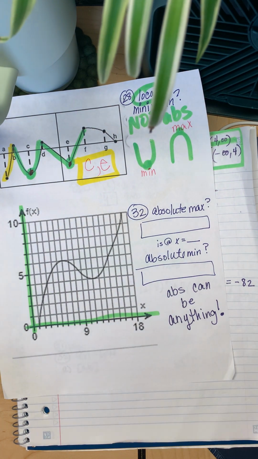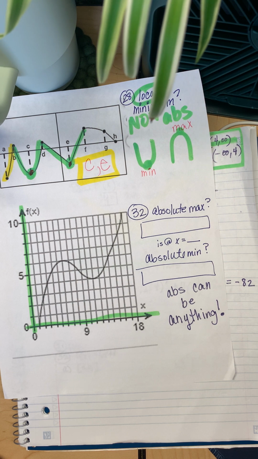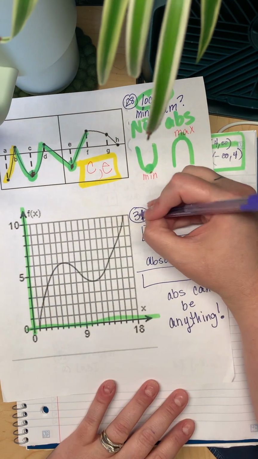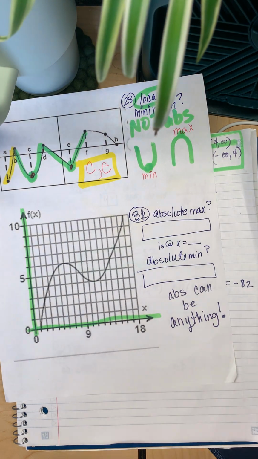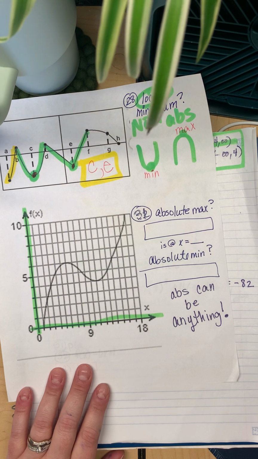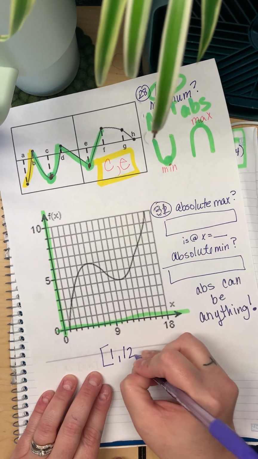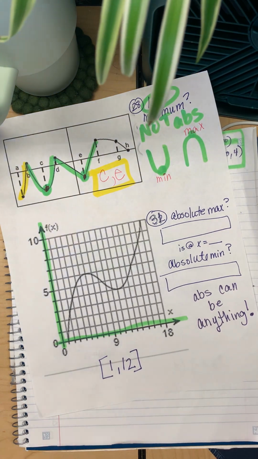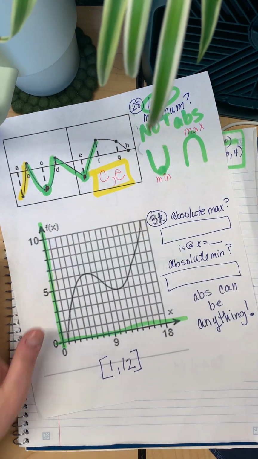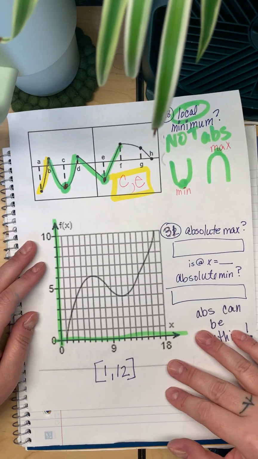Okay, but on this particular question, actually, I think this is number 31. My bad, number 31. This particular question, it says over the interval 1 to 12. It gave me that in the word problem. So that means I'm only going to look at the piece of the graph from 1 to 12.